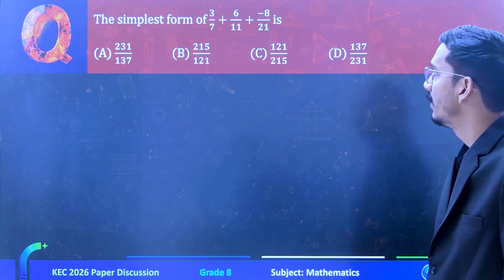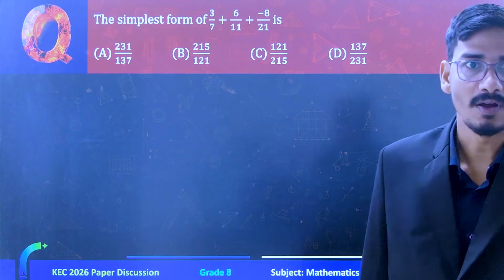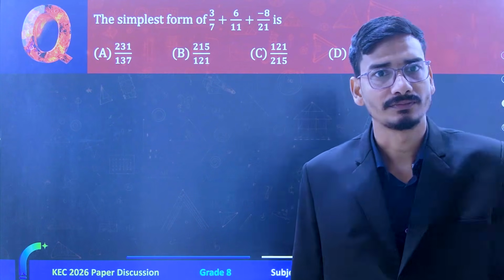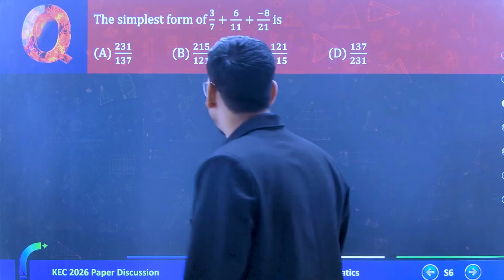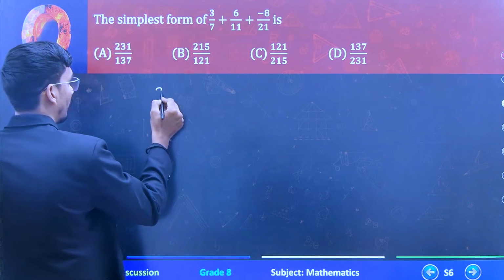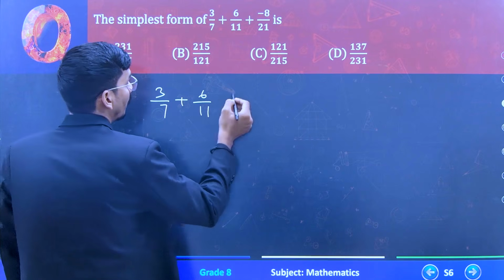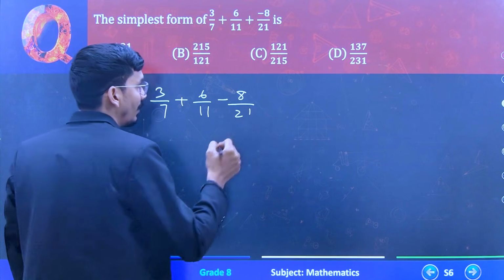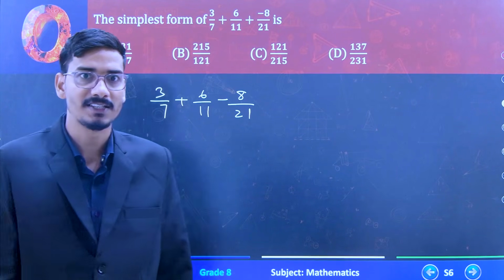Next question. The simplest form of these numbers. So how will we solve it? First of all, we will write this question: 3 by 7 plus 6 by 11 plus minus 8 by 21. Now we have to find the simplest form.